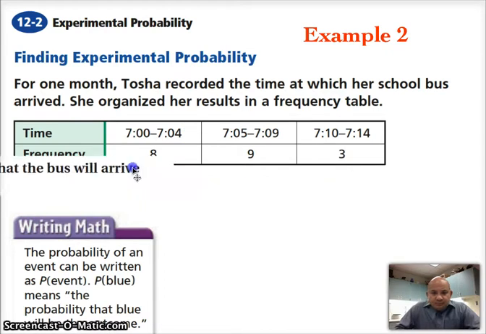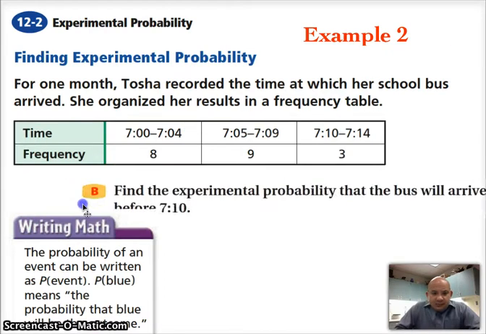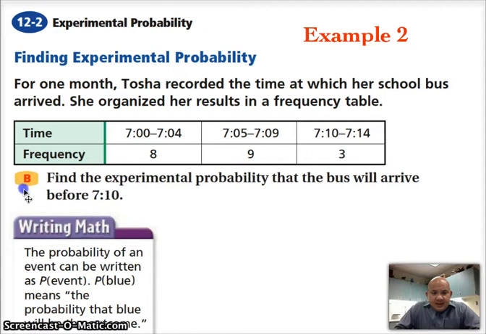Next problem. It asks us to find the experimental probability that the bus will arrive before 7:10. So I'm going to write down P, the probability of the bus arriving before, again, I'm going to abbreviate here, before 7:10.